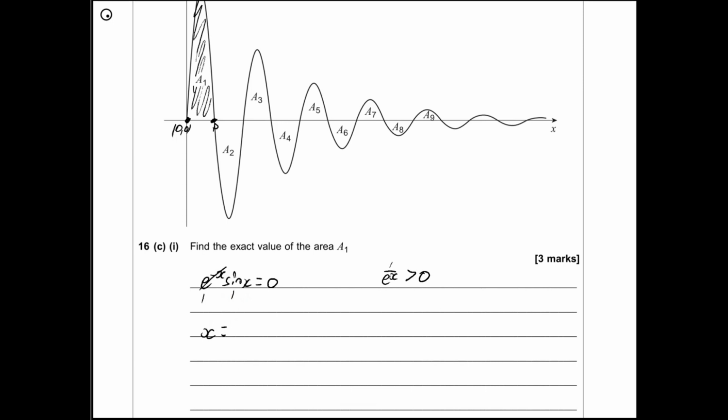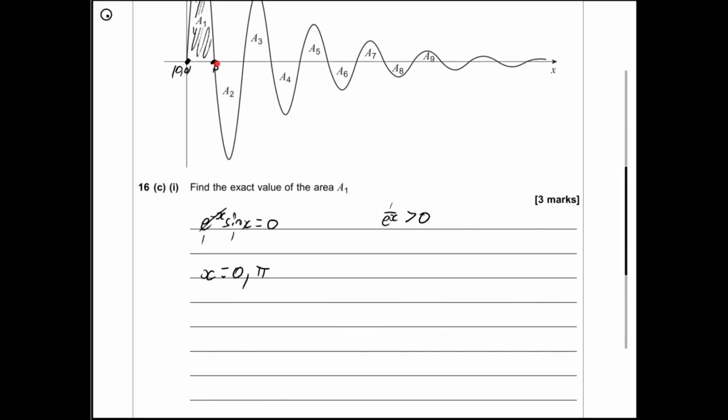You should have drilled it into your head really by A level, but when sine x equals 0, x equals 0. Let's write in radians because it'll probably be easier, and then pi, basically all the pi's that you can ever think of, every single pi. But for now, we're just going to be thinking of 0 to pi because it's obviously going to be the first point right there where it hits 0.